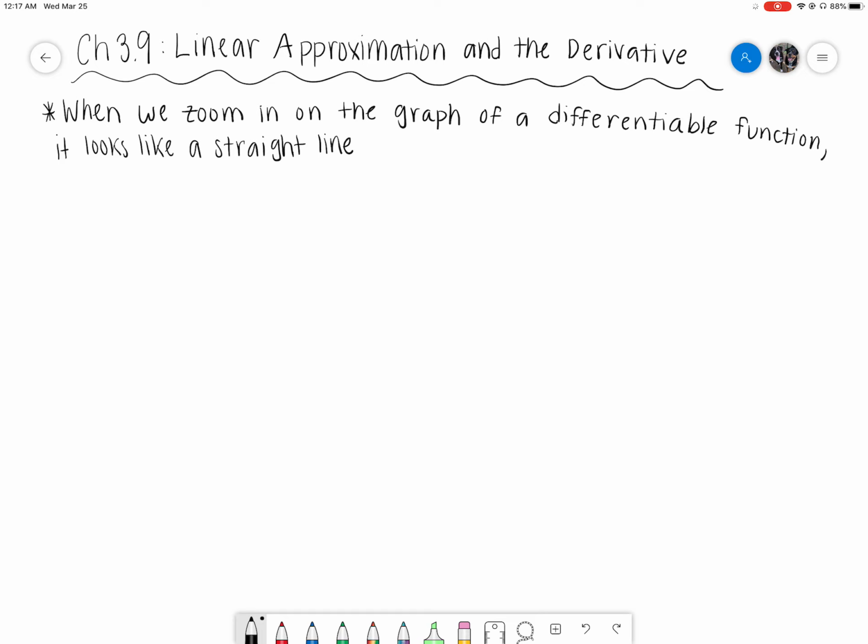And remember, differentiable means you can take a derivative of it. That was one of our vocab words from before.